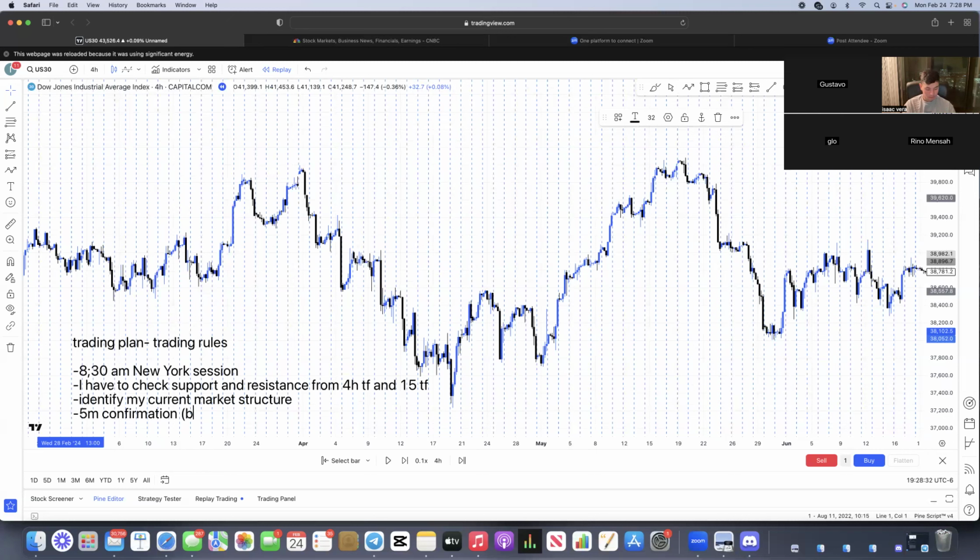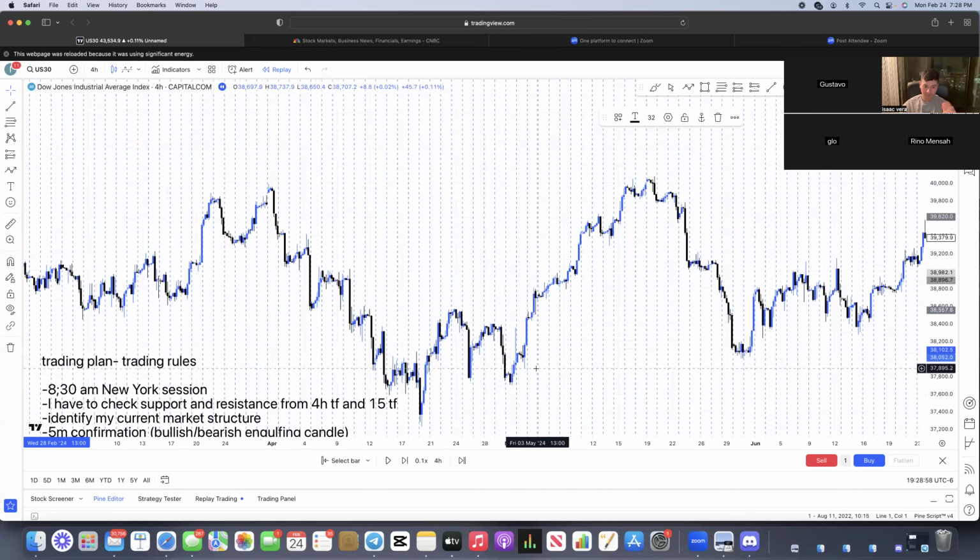So, a bullish or bearish engulfing candle is basically a candle formation that is way bigger in size than the previous candle.